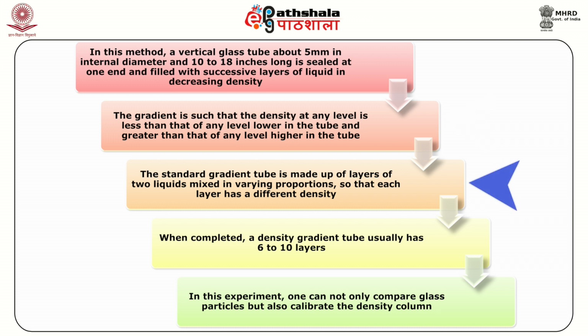The standard gradient tube is made up of layers of two liquids mixed in varying proportions so that each layer has a different density. When completed, a density gradient tube usually has 6 to 10 layers. In this experiment, one can not only compare glass particles but also calibrate the density column.